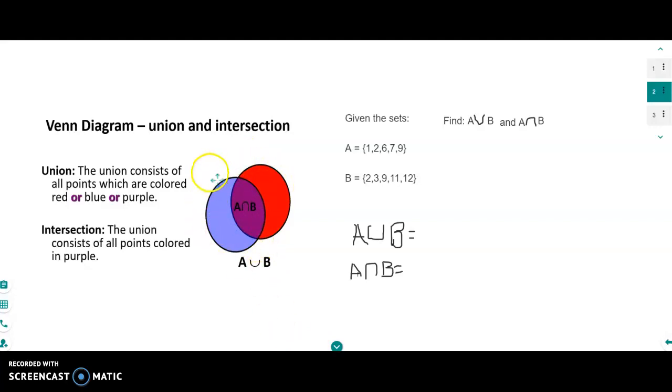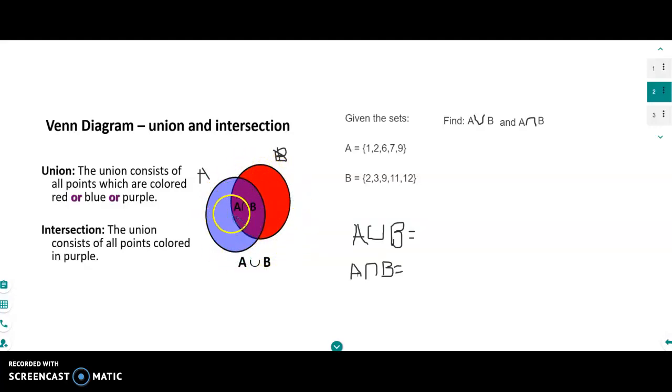Okay, this could be the set A, okay, and this could be the set B, all right? Okay, so A union B will be all these elements together.